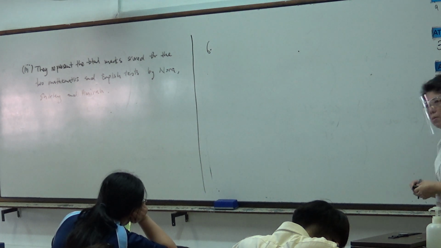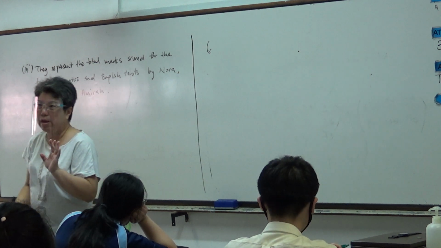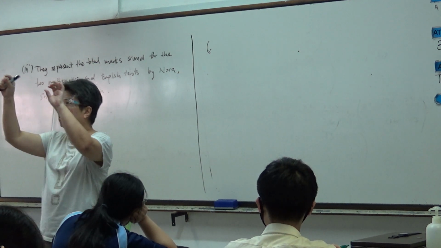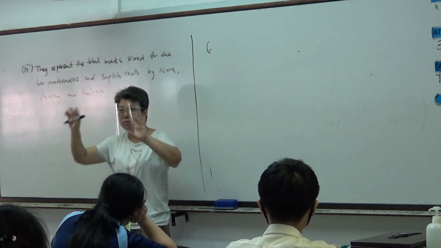Now, can you see the usage of matrices? They can create an Excel sheet whereby they just plug in the elements. Then they can calculate by Excel sheet the formula.